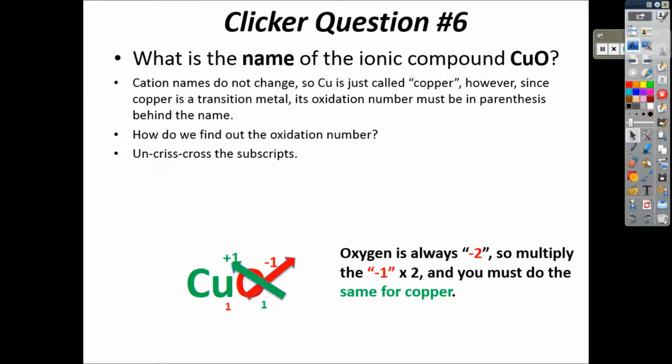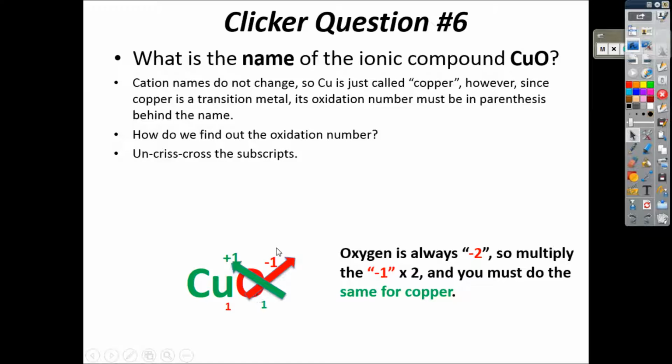Now, oxygen, however, is not -1. On your periodic table, you should have it listed under the number 2 group. So if oxygen is -2, but uncrisscrossing makes it look like -1, multiply that -1 times 2. And so you'll have O minus 2 like it should be.